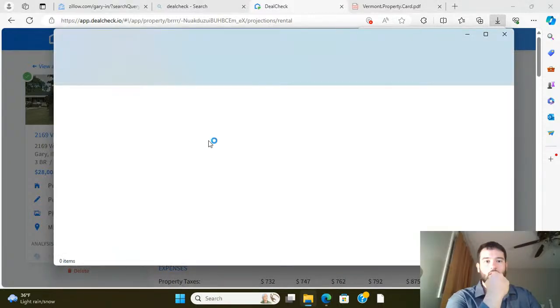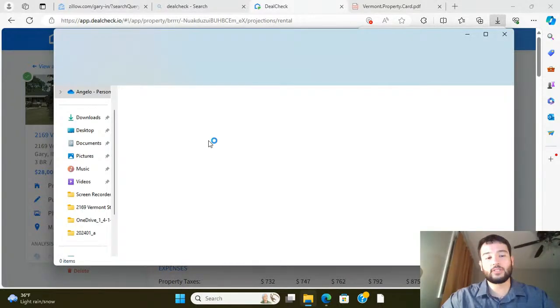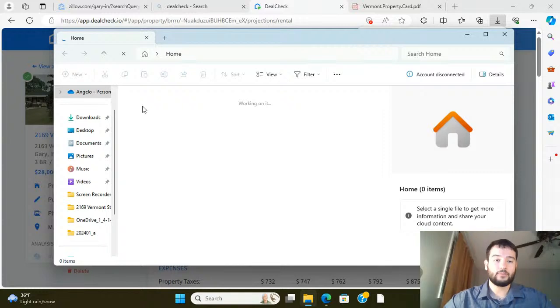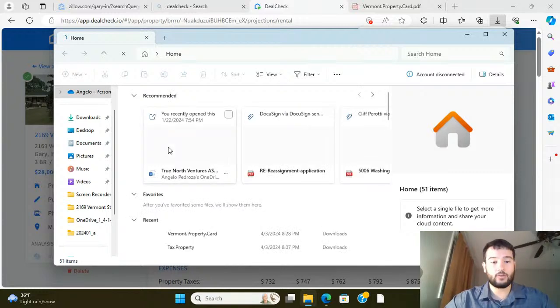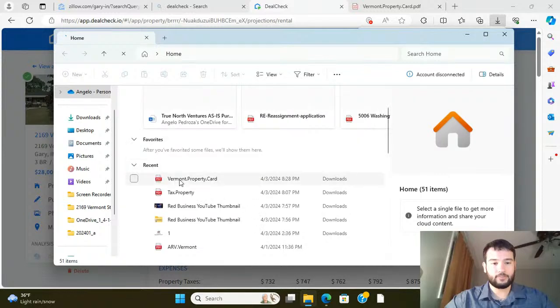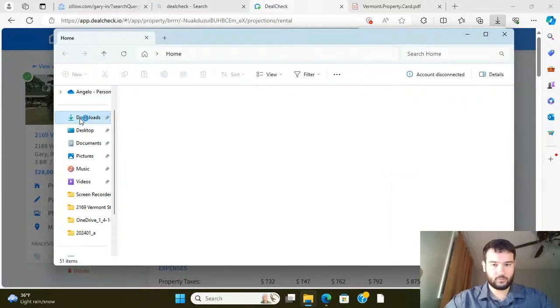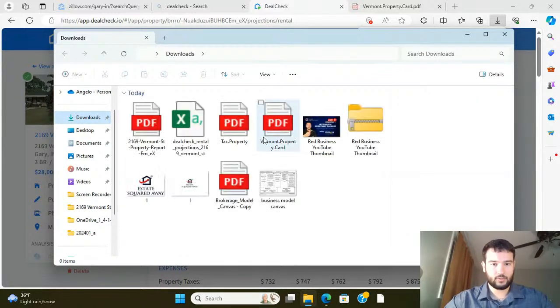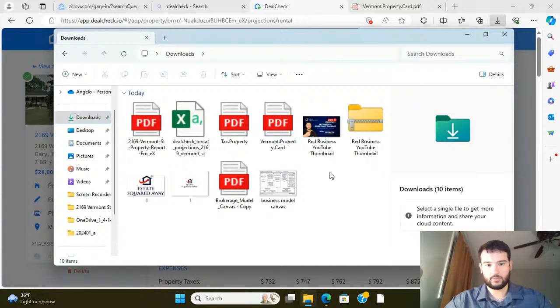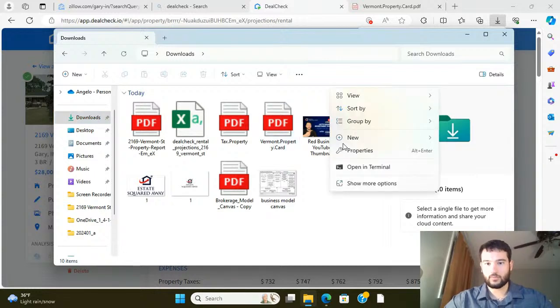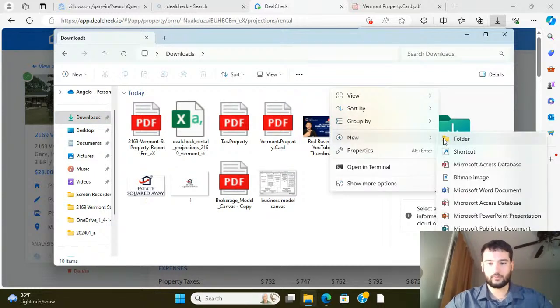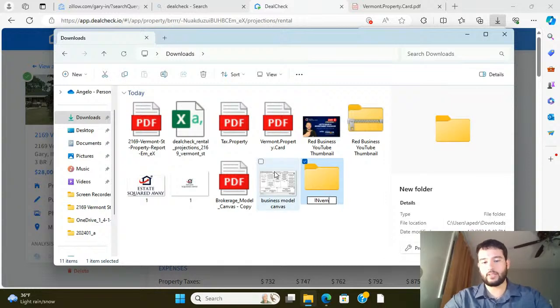Now, I'm going to put this all bundled together. Of course, I would also put pictures in there too, but I'll bundle this all together for an investment package. So, woo, we made it. All right. Investment package.